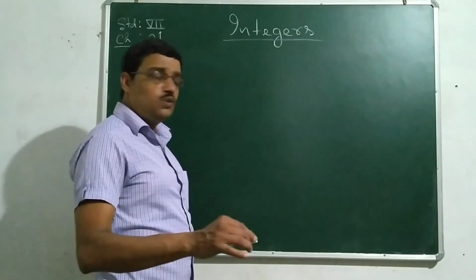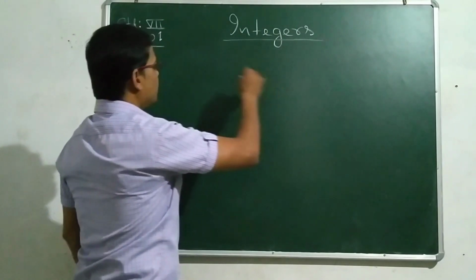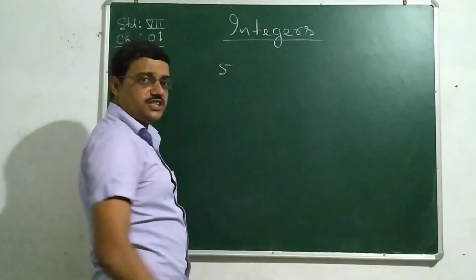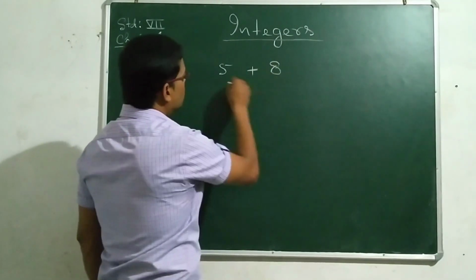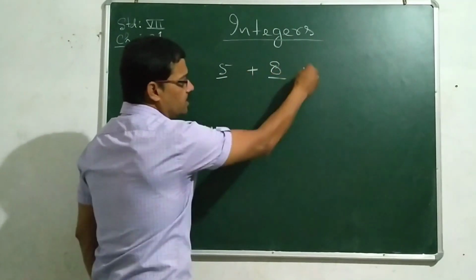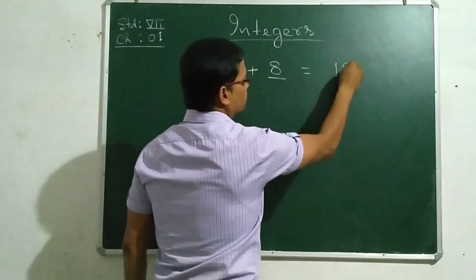The sum of two positive integers, say positive integer 5 plus 8, both are positive, the result is also positive.